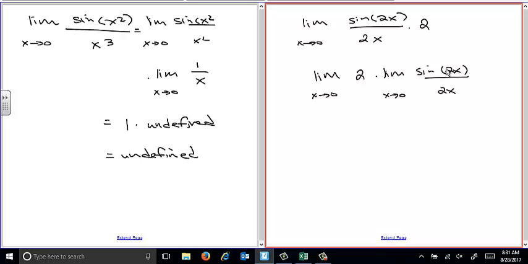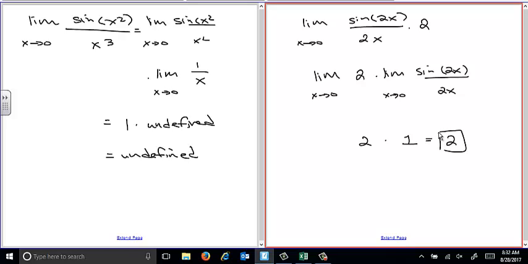I could let 2x equal y and change that to y, or I can just say, as Dr. Nicholson said, as long as the argument of the trig function is the same as the denominator, the squeeze theorem works. So this becomes 1, and the limit of a constant is just the constant because it doesn't involve x, so it's just 2. So the answer is 2.